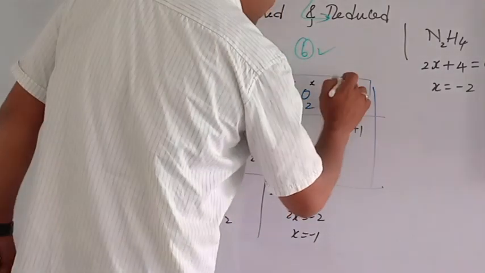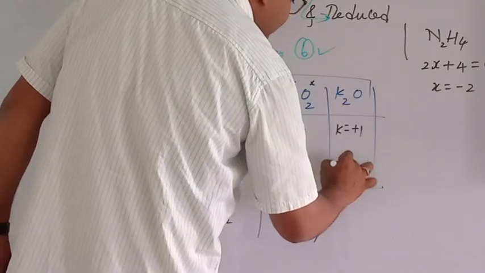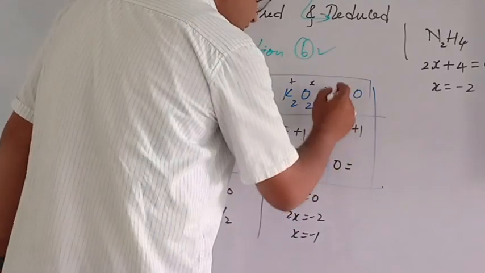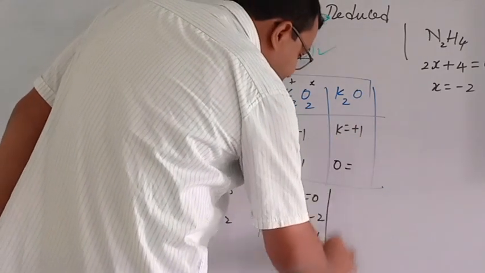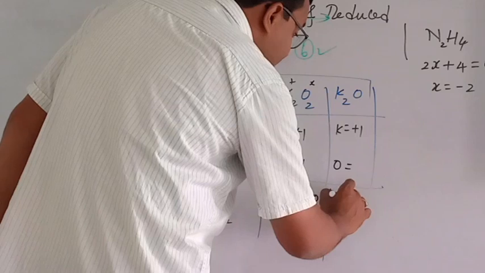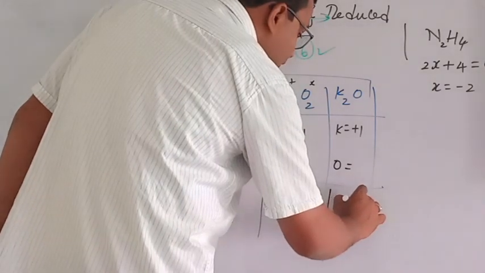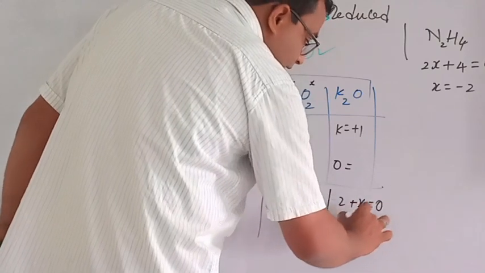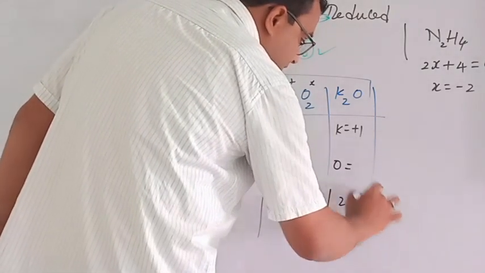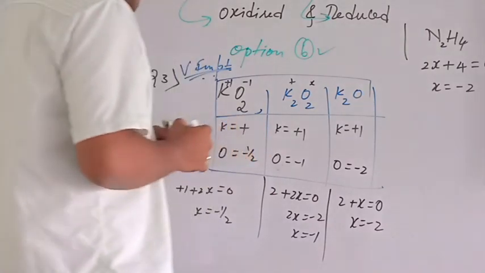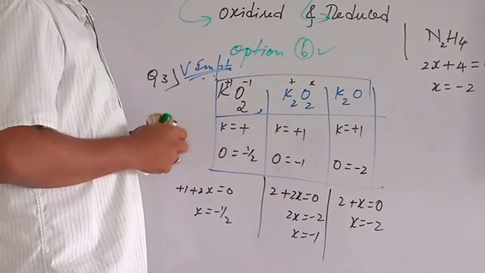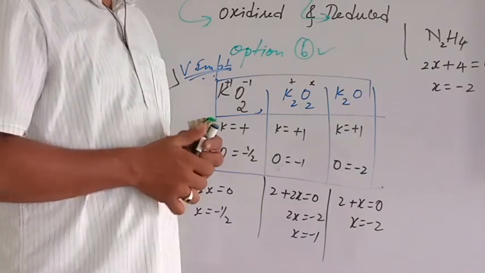Then for K2O, the charge of potassium is always +1, so 2 plus x, the charge of oxygen we don't know, so x is equal to -2. This is the special case. Generally, the charge of oxygen is -2 only.